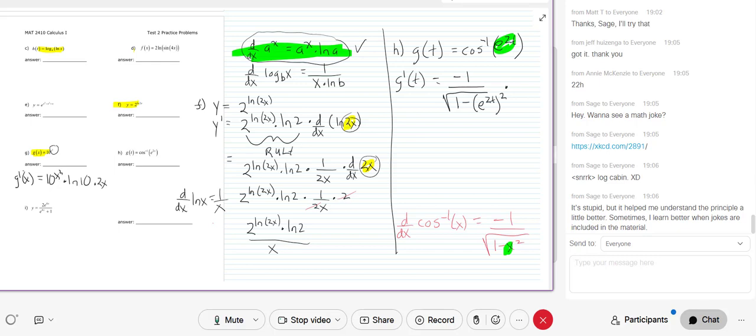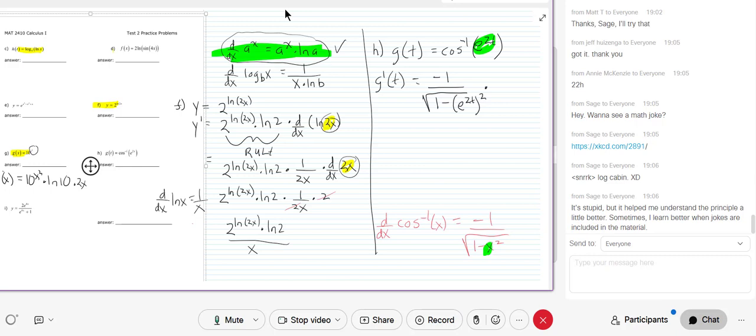But then you have to do the derivative of the inside part. So we will do the derivative of e to the 2t. Now when we put this together, we're going to have -1 over the square root of 1 minus e to the 4t. That's a little place where students mess up: you multiply those exponents. Anytime you have a power inside parentheses and another power outside, you multiply the exponents. Now that leaves you with the derivative of e to the 2t, which is another chain rule.